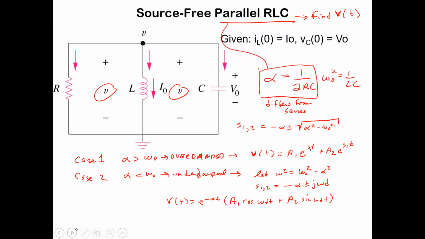And then case 3 is the critically damped, when alpha equals omega 0. Where S1 equals S2 equals minus alpha.